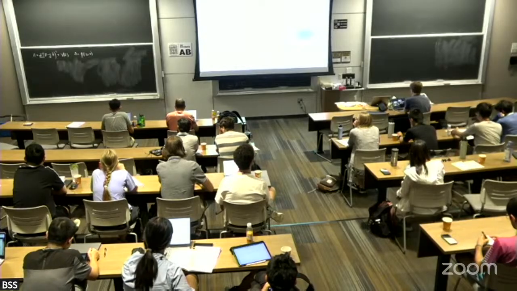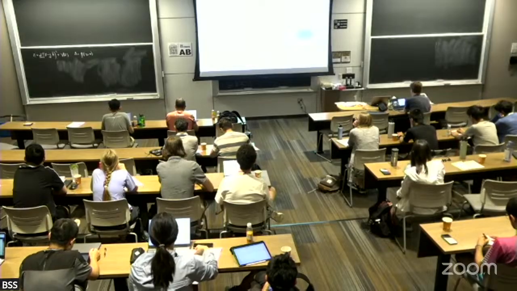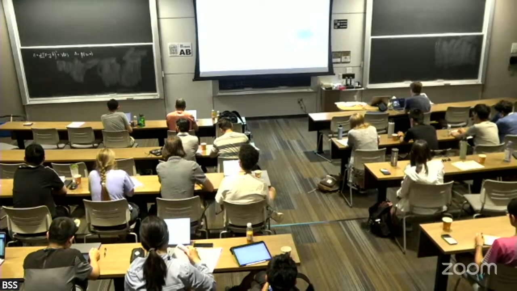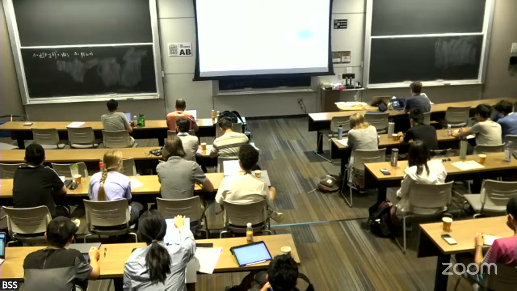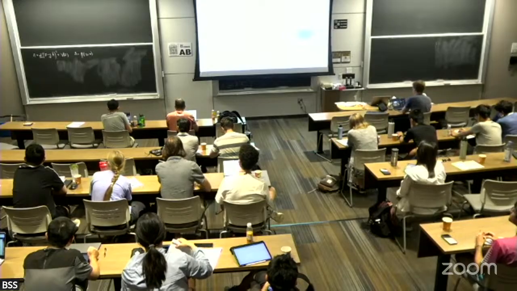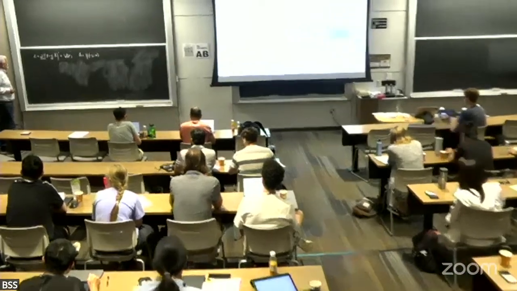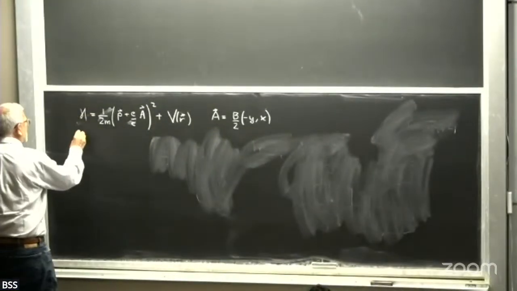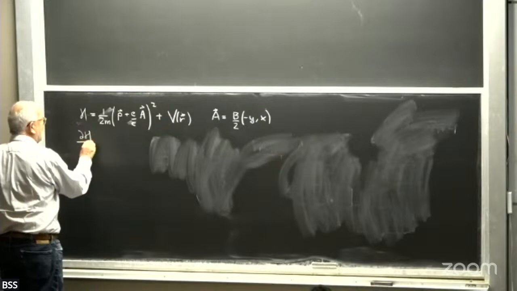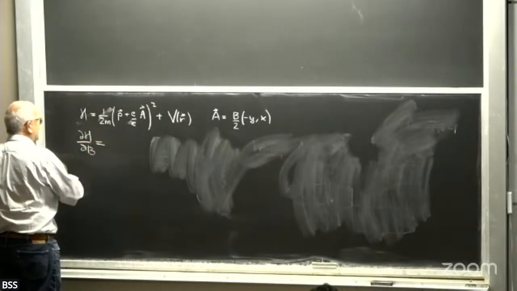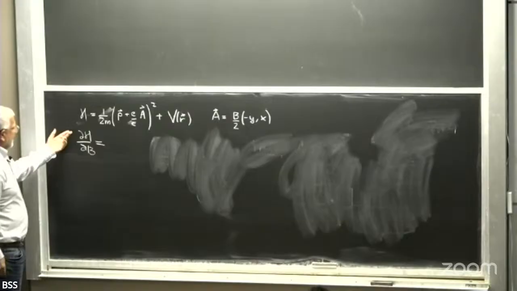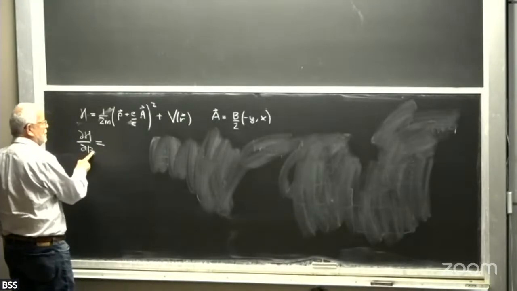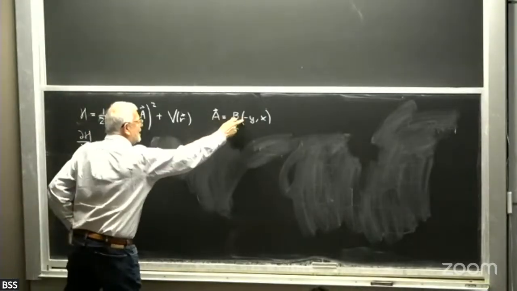So I'm going to start by making just a simple remark about the quantum Hall effect, and I'll come back to this in probably lecture tomorrow. If I have a single particle Hamiltonian in some system, then I can calculate the derivative of this Hamiltonian with respect to a parameter, the magnetic field.